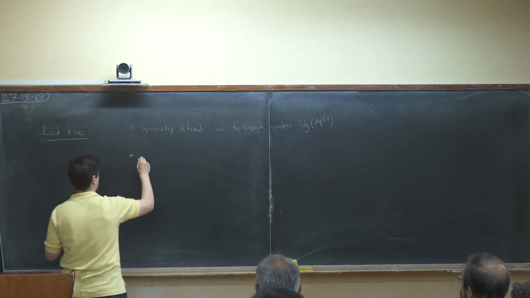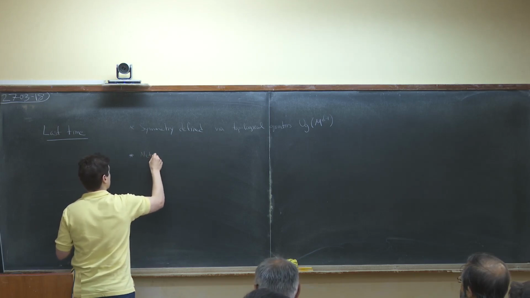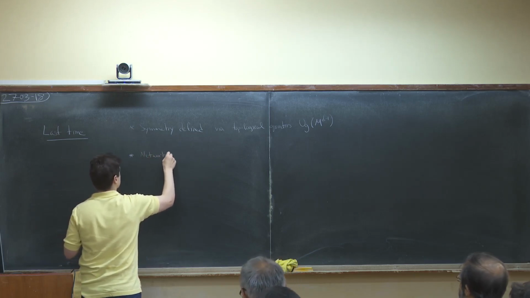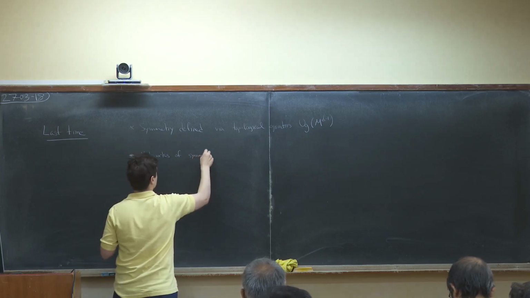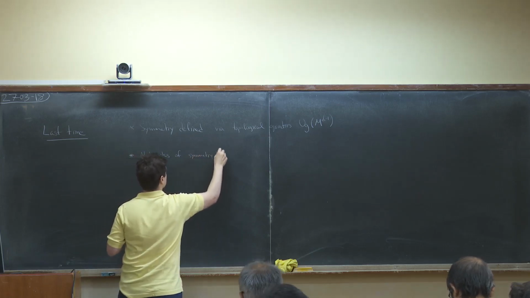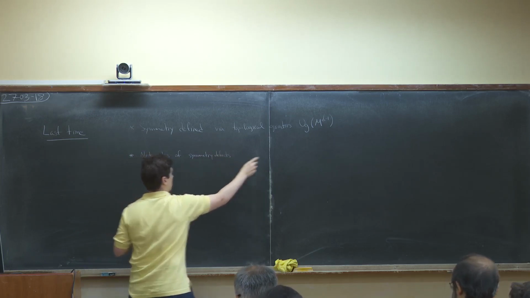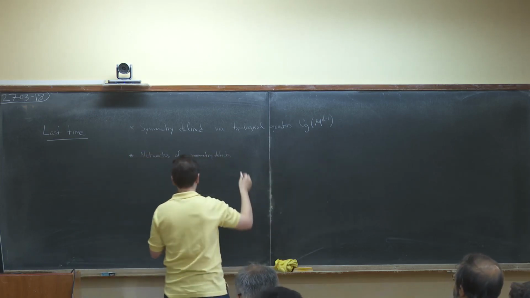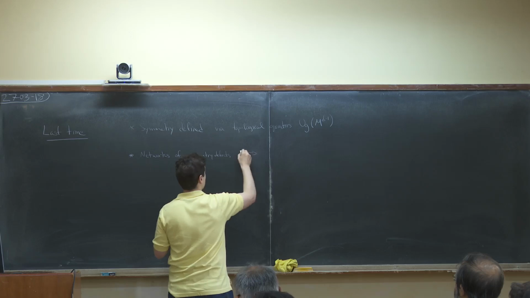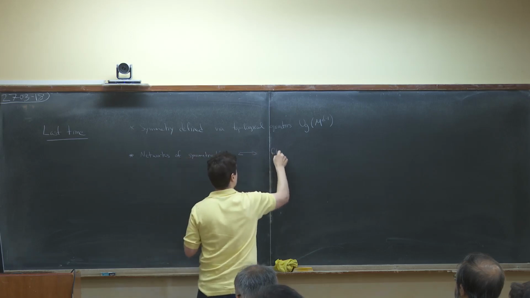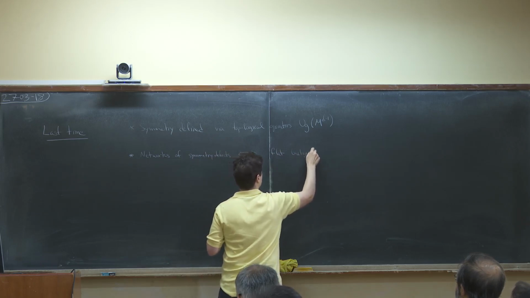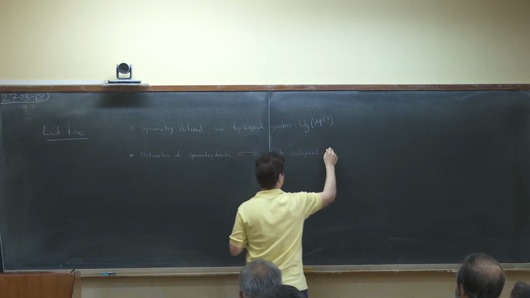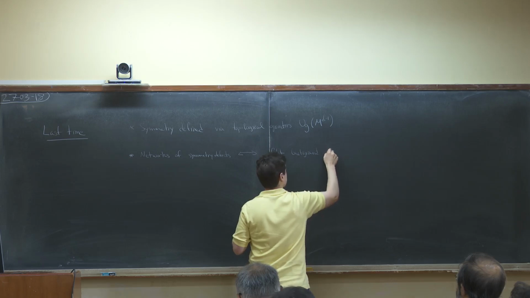And we also learned that networks of symmetry defects, these operators are called symmetry defects, were just the same thing as flat background gauge fields.